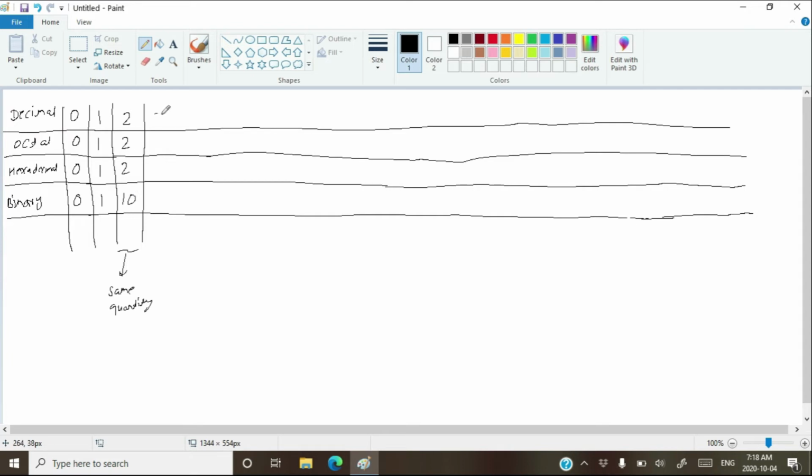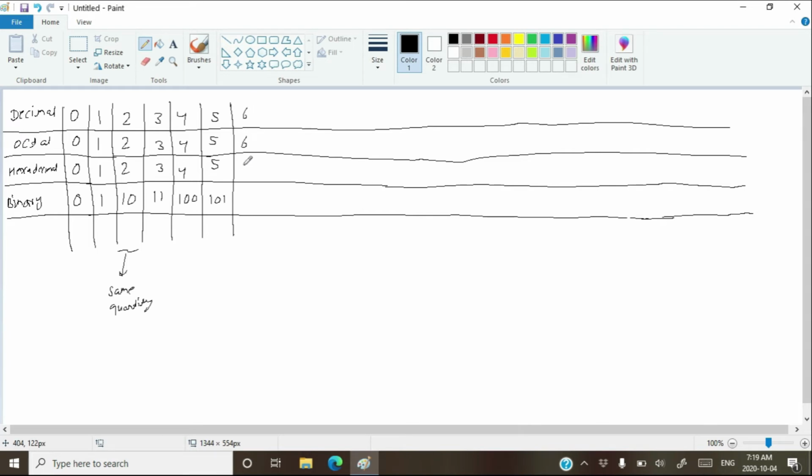After that, you have 3, 3, 3, and 11. Then you have 4, 4, 4, and 100. So one column is representing the same quantity. Always remember this. 5, 5, 5, and 101.